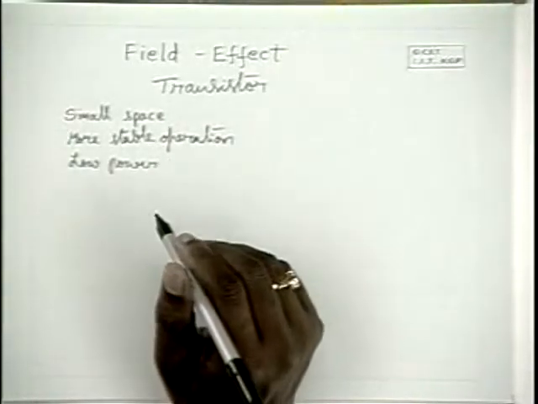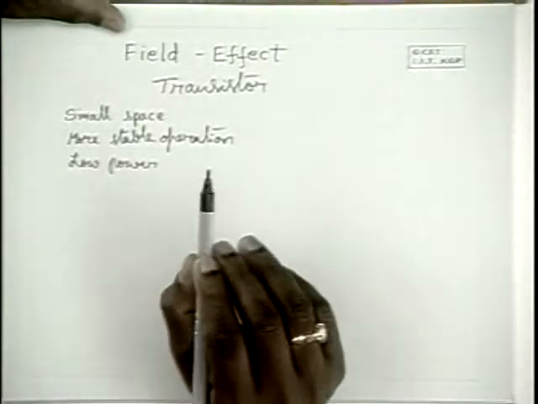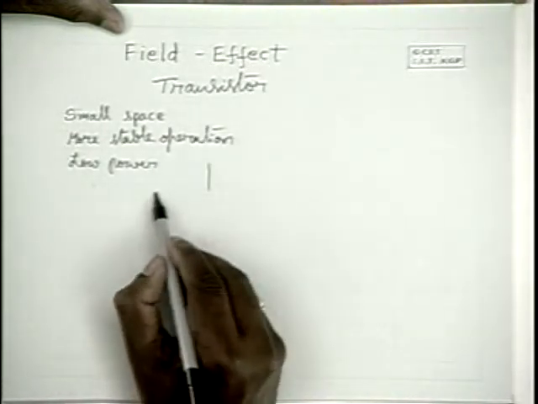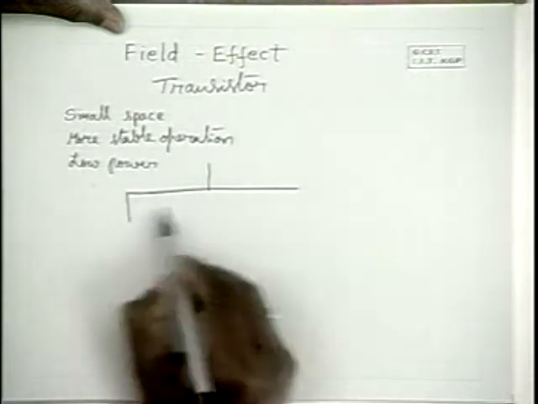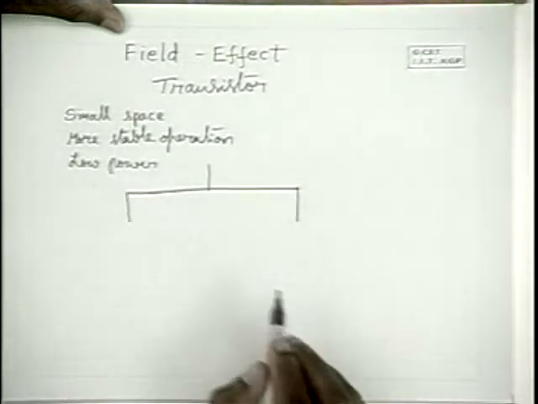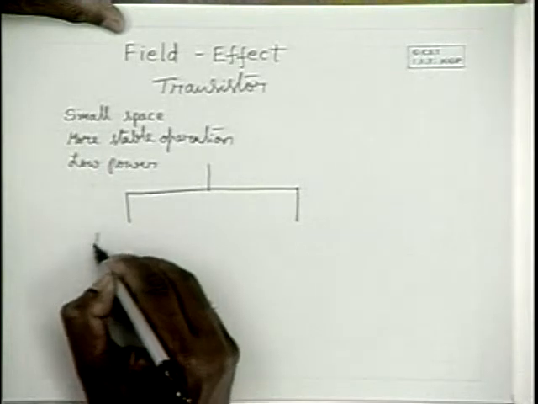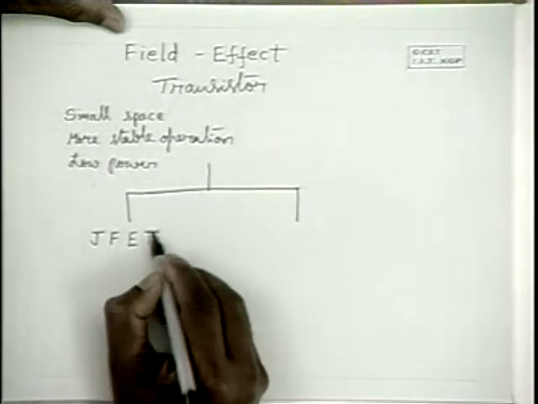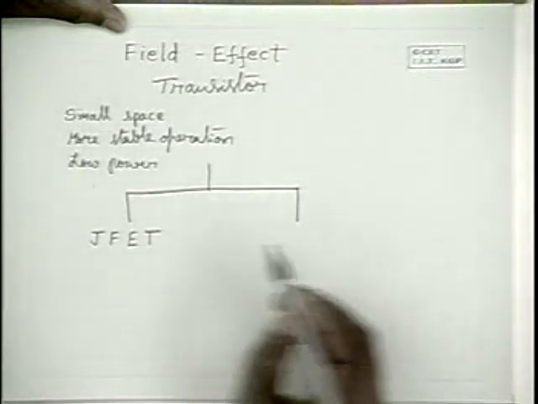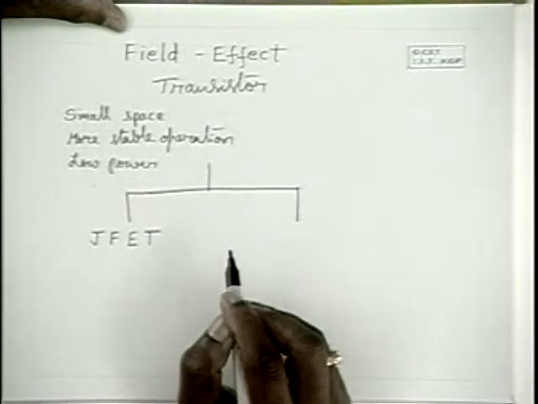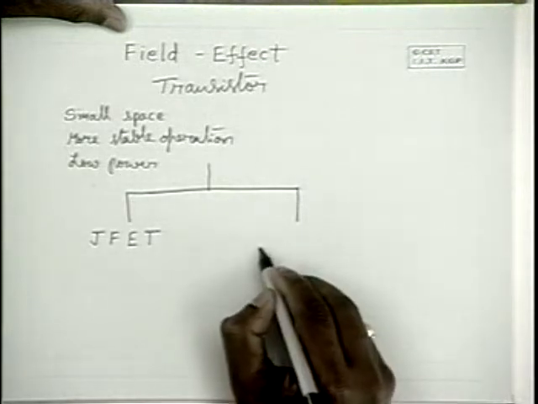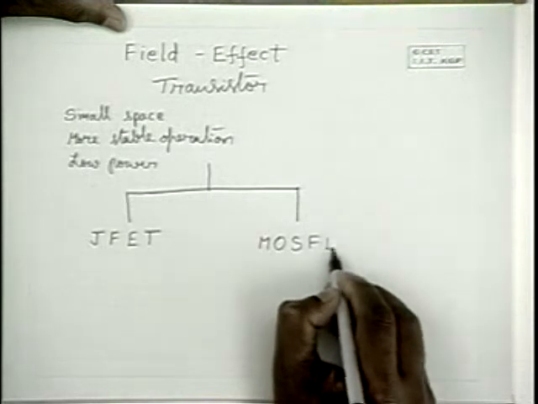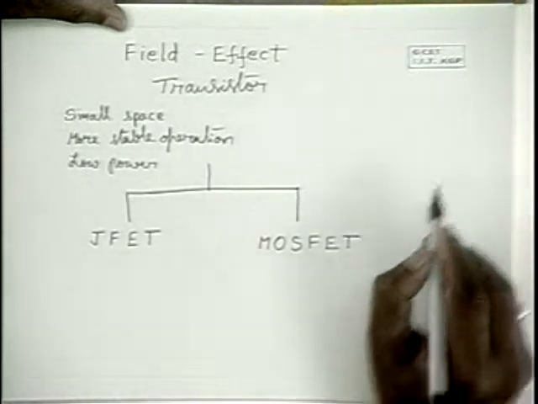So let us look at how this device works. And before discussing that, let me mention that there are 2 kinds of these field effect transistors. One type is the junction field effect transistor, which naturally works with a PN junction, and the other one is the metal oxide semiconductor field effect transistor, MOSFET.